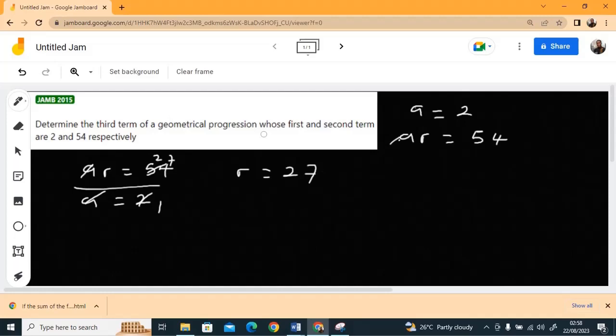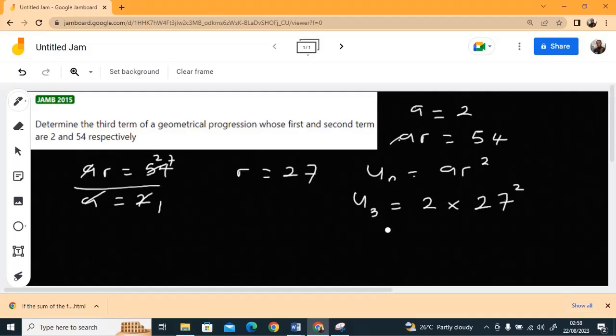So the question now says find the third term of this. You know the formula for the third term: ar raised to power 2. That's the third term. So since I've gotten my a, my third term equals 2 times my r squared, which will now be 27 squared.